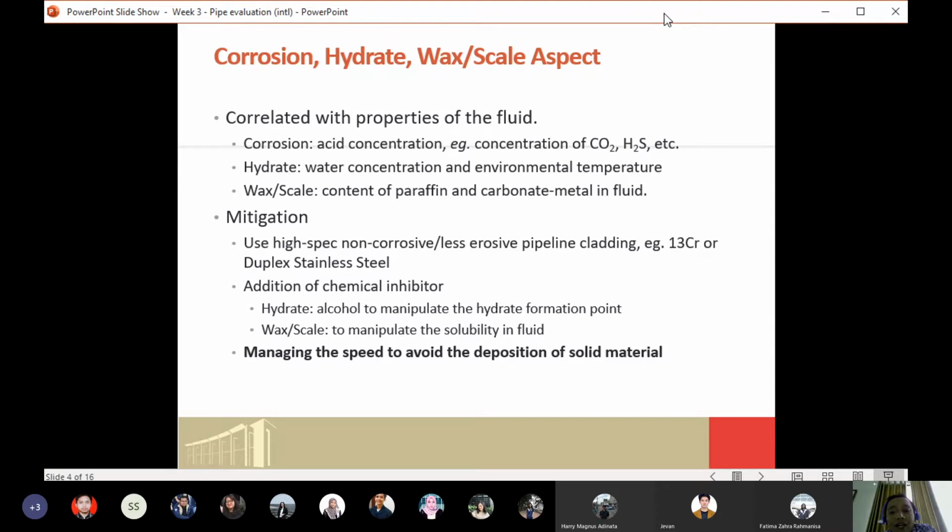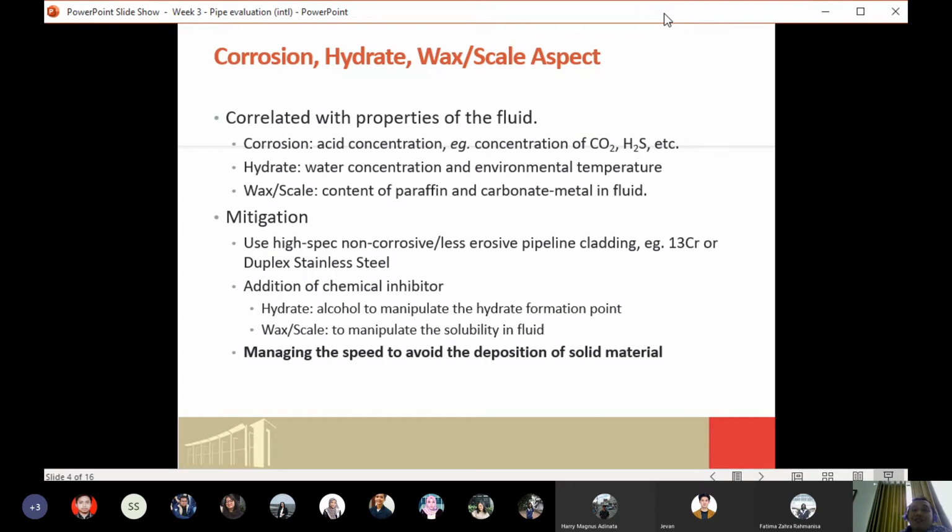The carbonate scale also occurs in pipeline systems for water. In your tap water, for example, when you check your valve, sometimes you can find white solid deposition.